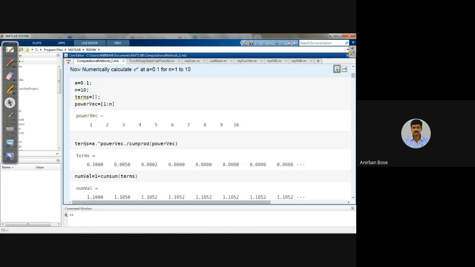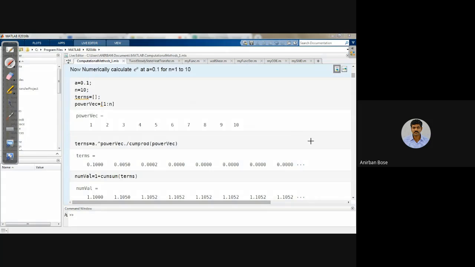So within that terms, we are going to generate each of the terms. What is each term? Each term is basically a to the power 1 by 1 factorial. This is one term, this is another term, like this. So these are basically the different terms.